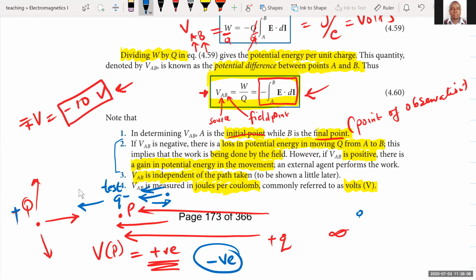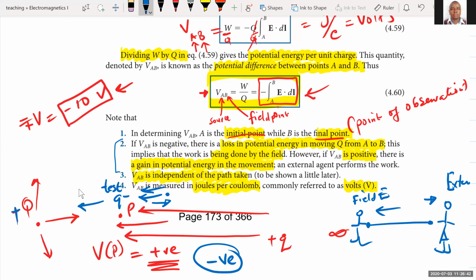You have someone here who has a rope, and you are here as another person, and this person is actually pulling you, and you are resisting, assuming you are resisting. So this is the one I'm calling the external force, and this is now the field itself, E.